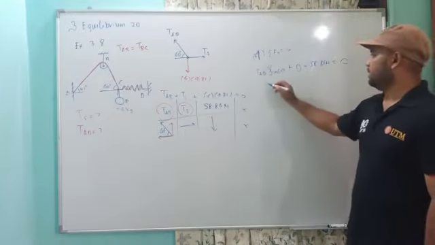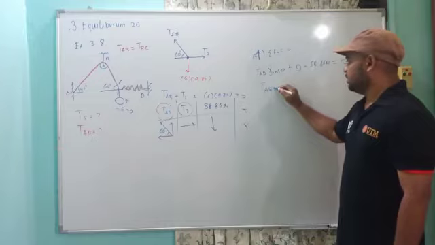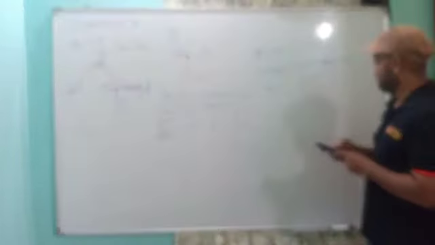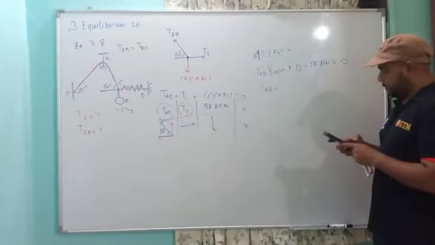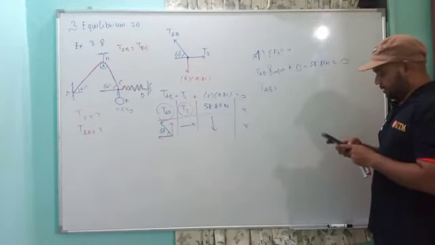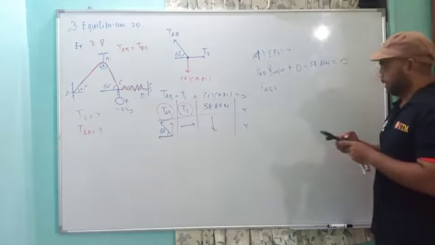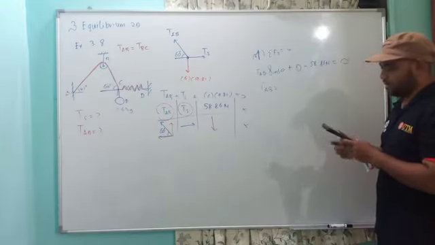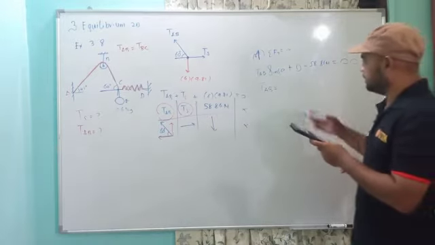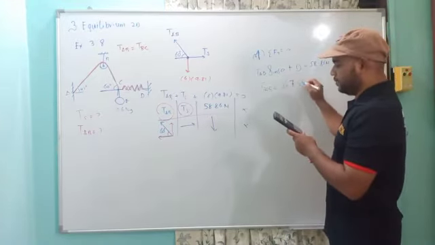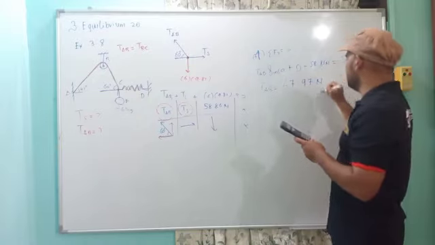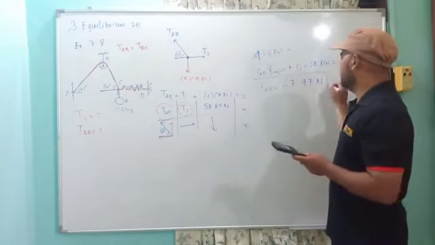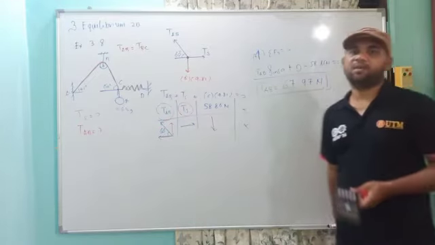So you get that the TAB equals 58.86 divided by sine 60, which is 67.97 Newton. For TAB, you solve the first question, where is the TA?